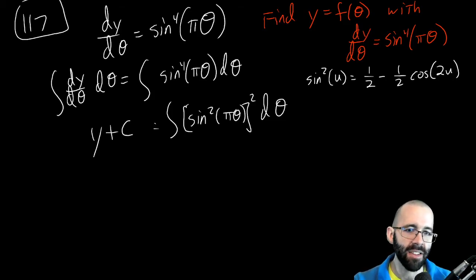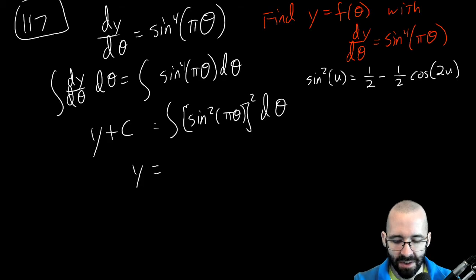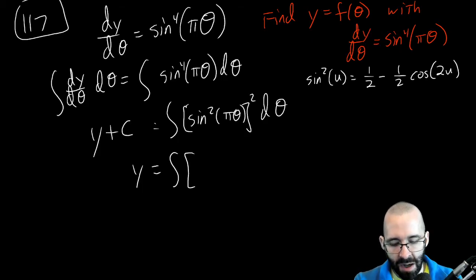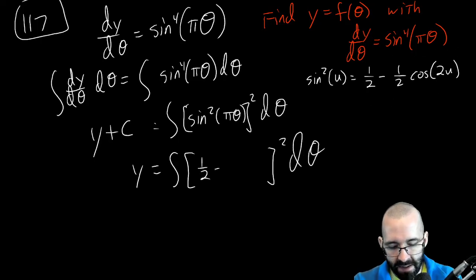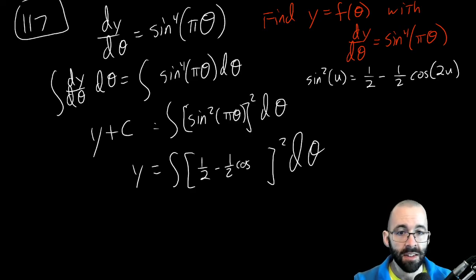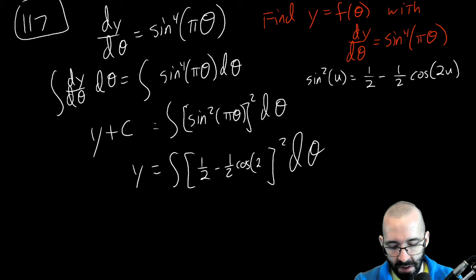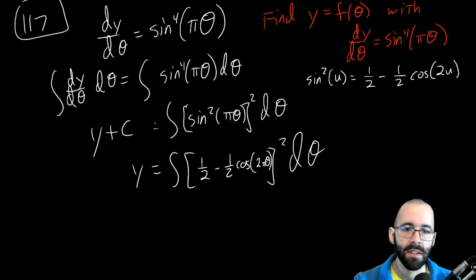A constant plus another constant doesn't matter, so we can really just drop the c for now. Make sure we add a c at the end. So this is going to be the antiderivative. What's sine squared? Reduce the power. It's 1/2 minus 1/2 cosine of double the angle. What's double this angle? 2 pi theta.